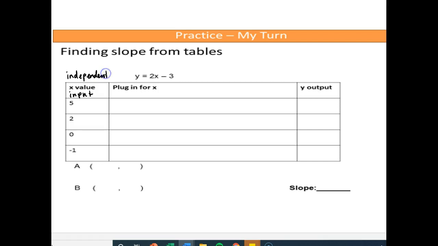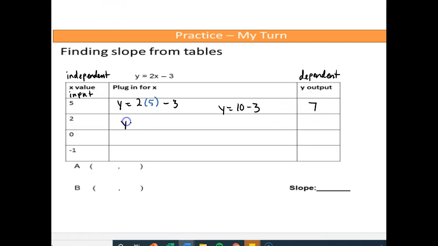And then your y value is your output, your dependent variable, meaning that y depends on what you get for x. So when I plug in, I'll say y equals 2 parentheses 5 minus 3, which is y equals 10 minus 3, meaning that y in this case is 7.